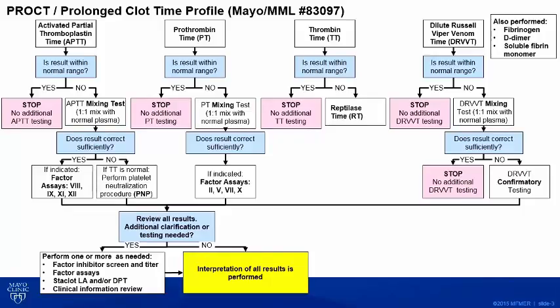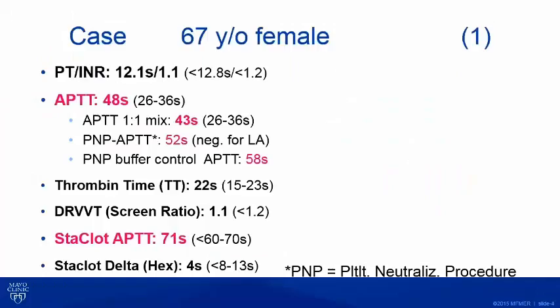The thrombin time is to evaluate for heparin, primarily the DRVVT to begin to address for lupus anticoagulant, which is a common cause of prolonged clotting times, reflexing through mixing studies, phospholipid neutralization procedure, possibly reflexive coagulation factor assays depending on test results and available clinical information, a review of all results, and possibly selection of additional testing if clinical information or lab results suggest the need to do it, and finally an overall interpretive report is released.